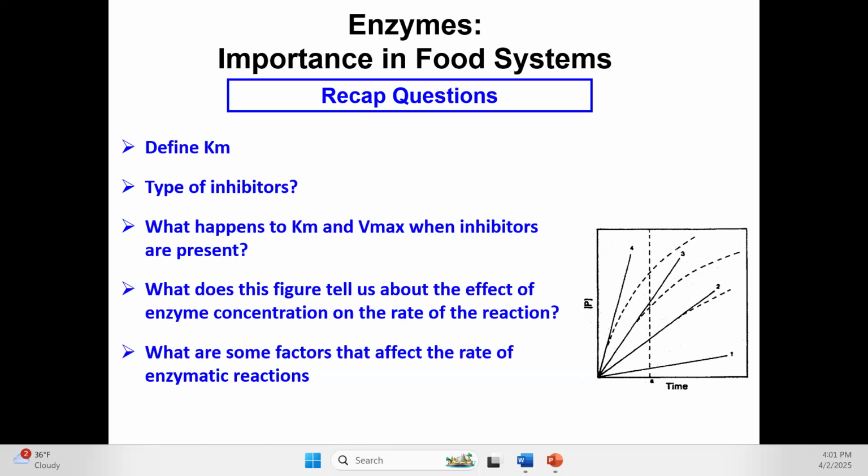What does this figure tell us? So here we have the generation of product, here we have time, and then here we have enzyme concentration. So lowest enzyme concentration and highest enzyme concentration. Whenever we are trying to use an enzymatic reaction, we want to select the time where we can control and be able to measure whatever we're measuring, absorbance or what have you.